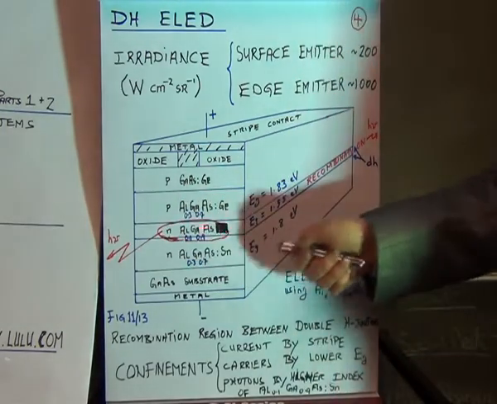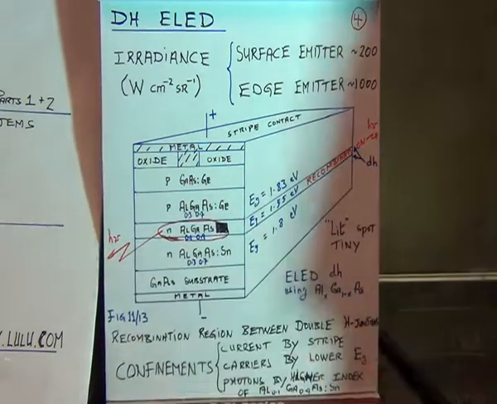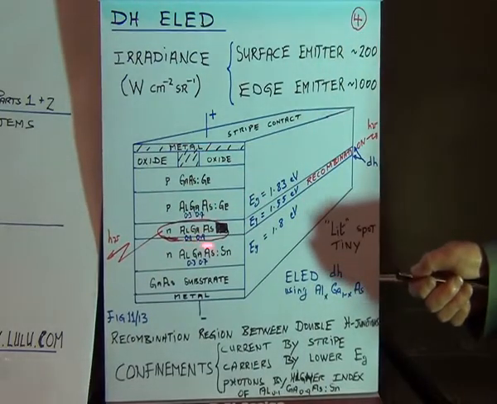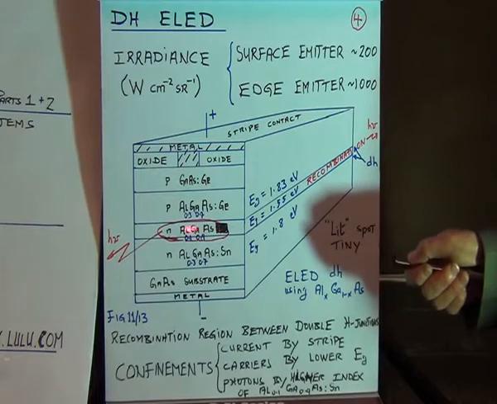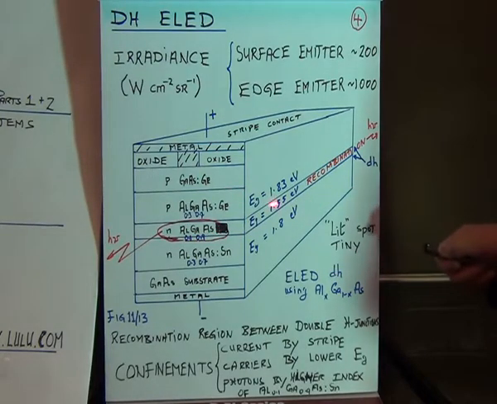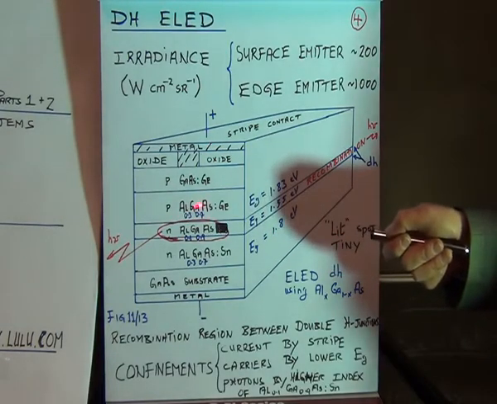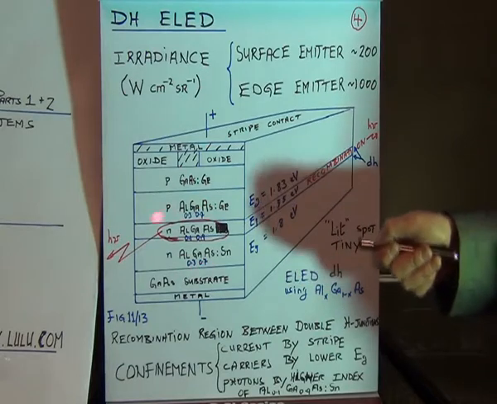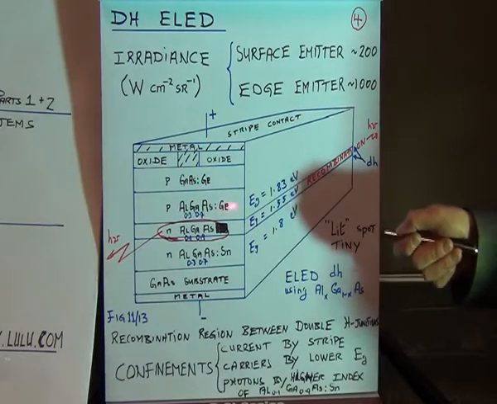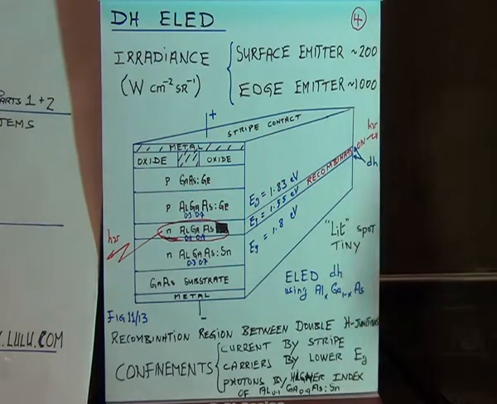The next layer is a mix, and it's aluminium mole fraction 0.1, gallium mole fraction 0.9. Go to your alloy map and you will find the energy gap is 1.5. And the next layer, we're back to 0.3, 0.7, same as down here. But because we have a different dopant, it has a slight effect, but not a lot. So this is 1.83 electron volts.